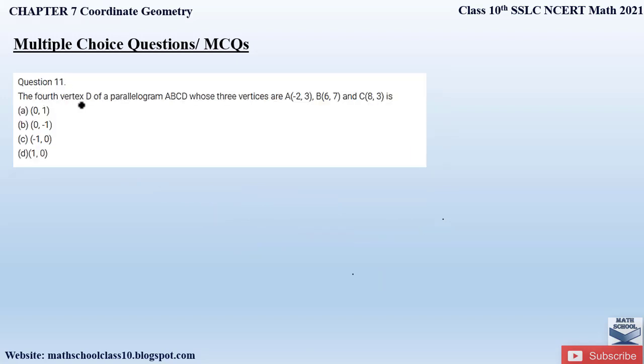Question number 11. The fourth vertex D of a parallelogram ABCD whose 3 vertices are given. So here we have a parallelogram and we will name it in the cyclic order as ABCD. In this parallelogram 3 vertices are given, that is vertex A is (minus 2, 3), B is (6, 7) and vertex C is (8, 3).